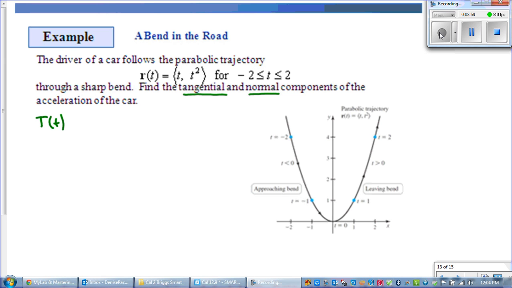I want to find the actual unit tangent vector and the unit normal vector, and then we'll see how acceleration is decomposed into those two parts. So T of t, we know, is r prime of t over the magnitude of r prime of t. r prime of t will be (1, 2t), and the magnitude will be the square root of 1 plus 4t squared.